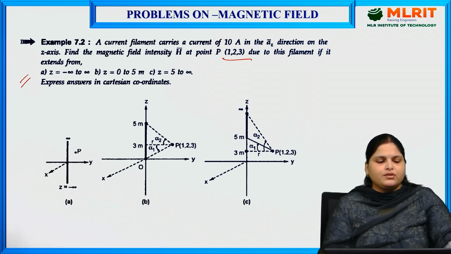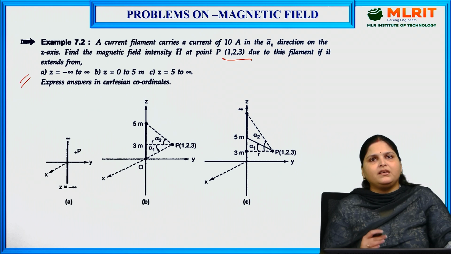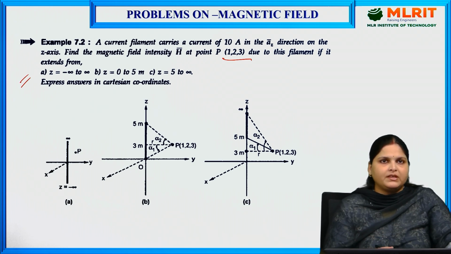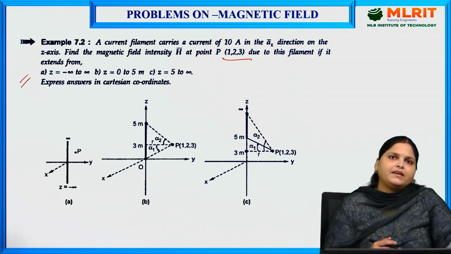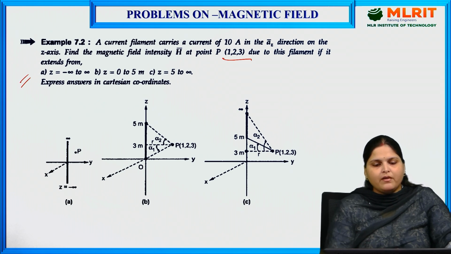So three cases are given. In the first condition, the filament on the z-axis is extending from minus infinity to plus infinity. Second, it is extending from 0 to 5 meter. Third, it is extending from 5 to infinity. So let's solve all of them one by one.